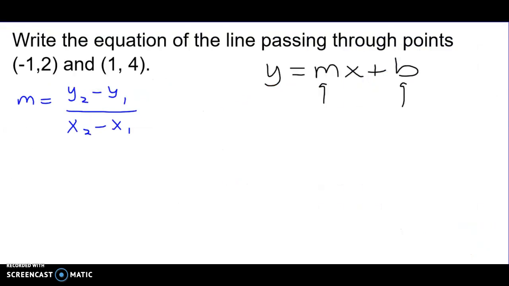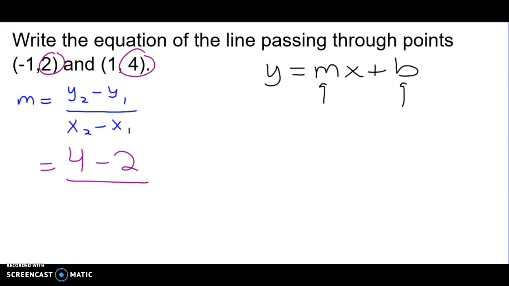The slope formula right here will tell us what m is. So we take our two y values, 2 and 4. On the top of your fraction, I'm going to do 4 minus 2 over. It doesn't matter what order you go in, kind of like the distance formula, but you do have to keep that order.